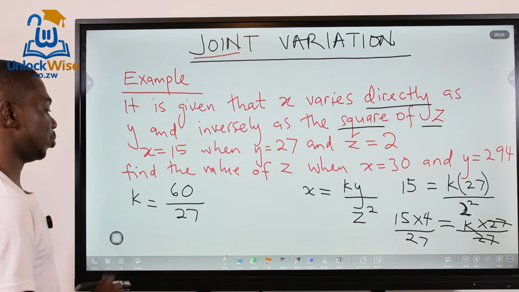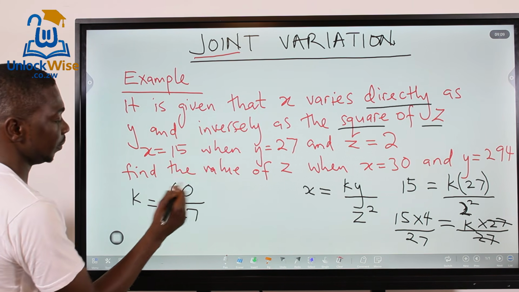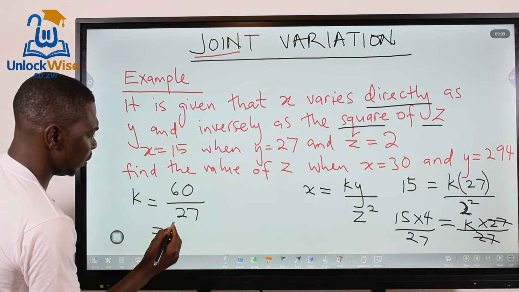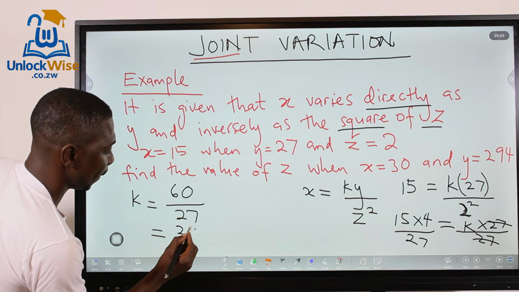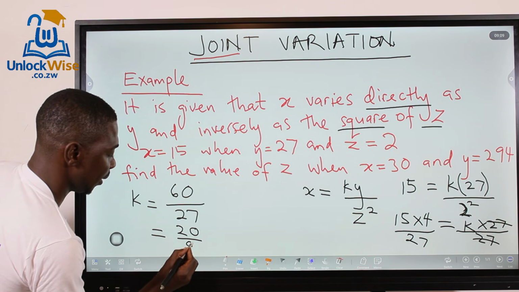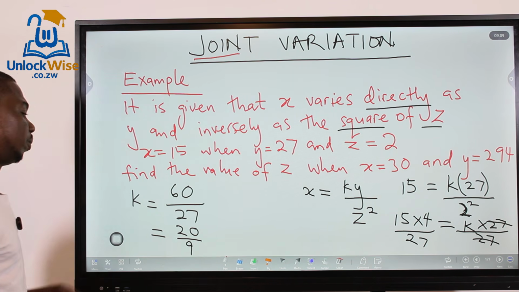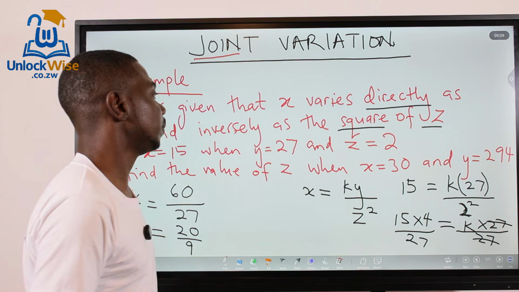And we can even reduce this. If I divide this by maybe 3, I will get 3 into this one, 20 over 3 into this one is 9, right? So k is equal to 20 over 9.